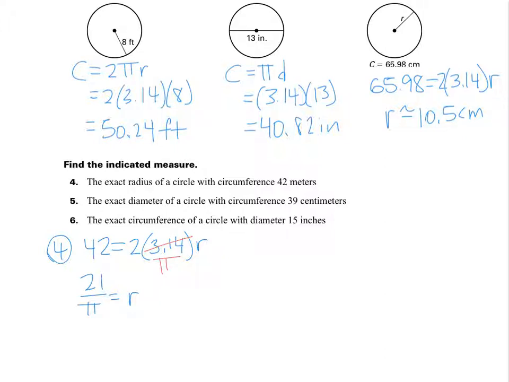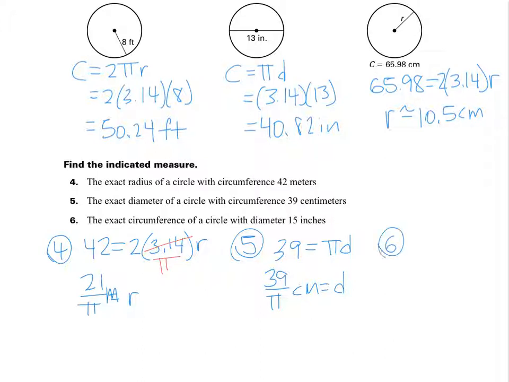And units would be meters. The exact diameter, so 39 equals pi times diameter. So it would just be 39 divided by pi centimeters.